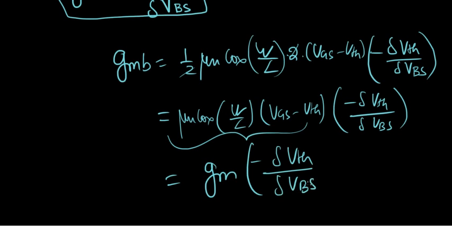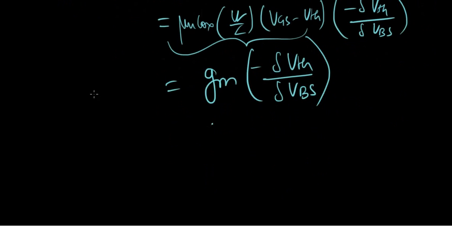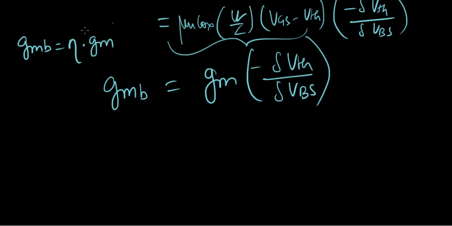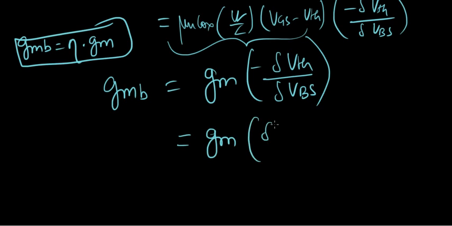And I've said in a few lectures that GMB equals eta times GM. That's all eta is. Just to remove the negative sign so that we're not troubled, we change the polarity of this voltage and write VSB. So GMB = GM times ∂VTH/∂VSB.